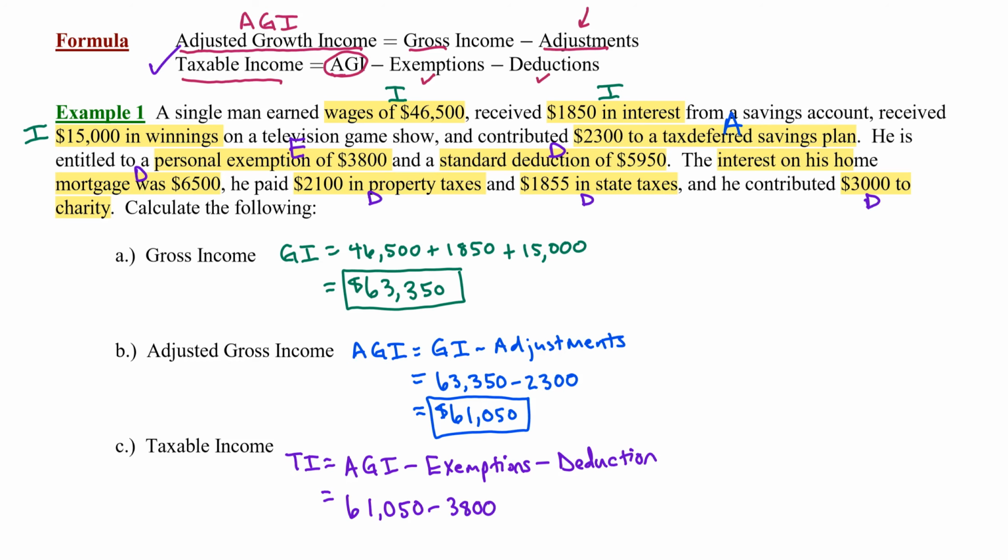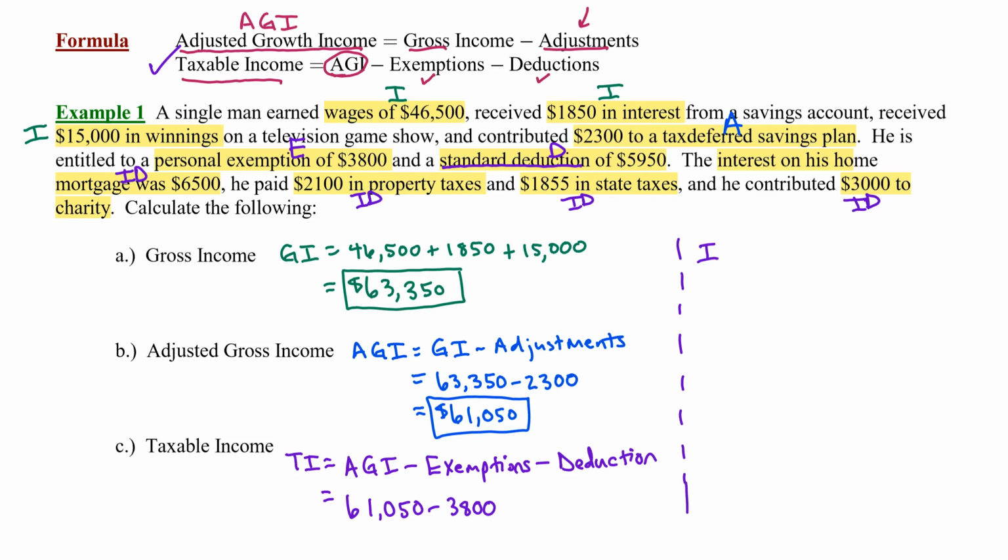Now, I can't deduct both the standard deduction and these itemized deductions. I'll call those ID. I have to figure out which one is greater. Okay, so the standard deduction is $5,950. Let's sum up all of his itemized deductions and see if it exceeds that $5,950. So over here, I'm going to do a little bit of side work.